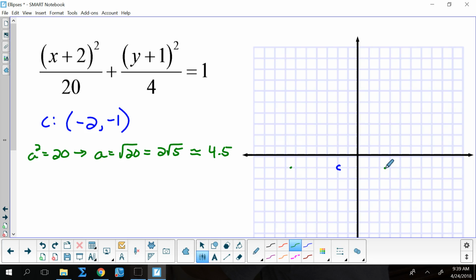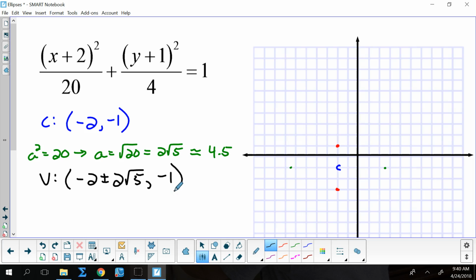Okay. b squared is 4, so b is 2, so I'm going to go up 2 and down 2. That means that my major axis is horizontal. Okay? So that puts my vertices at -2 plus or minus 2 square roots of 5, comma, -1.